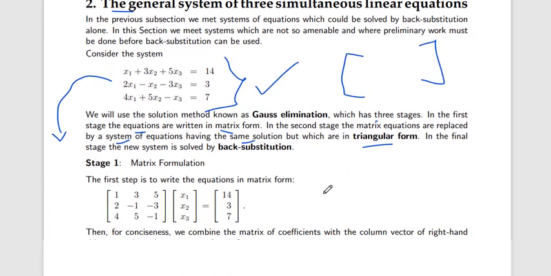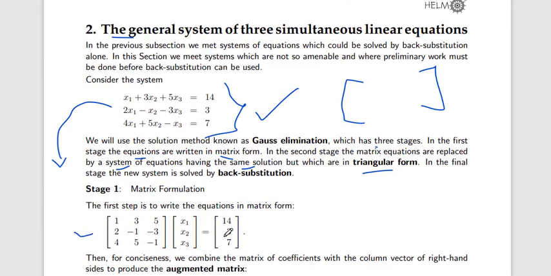What is the second stage? In the first stage we transfer them into matrix form. This is done. Now we will transfer this matrix into triangle form. We will discuss different types of triangle, upper triangle and lower triangle. By some method we will transfer this matrix into the form of an upper triangle, which means these values we will get as 0.